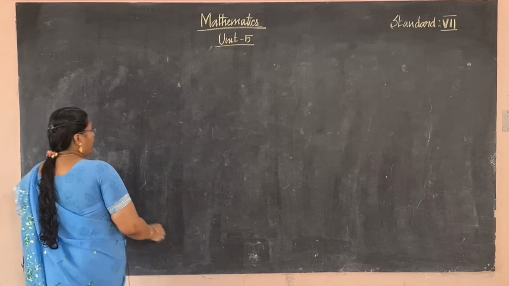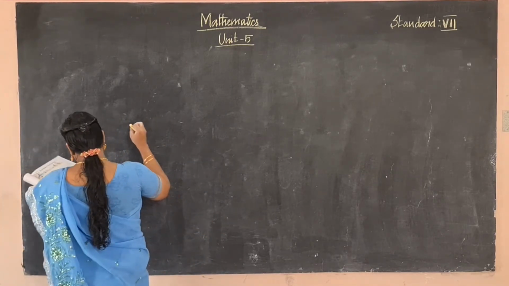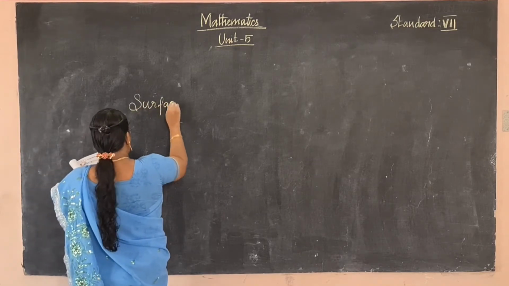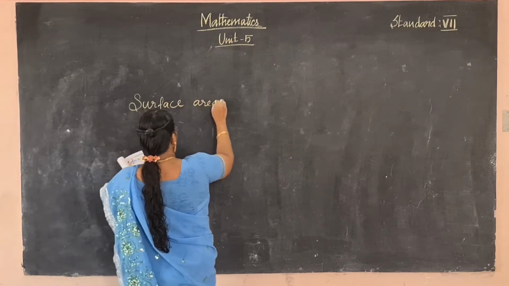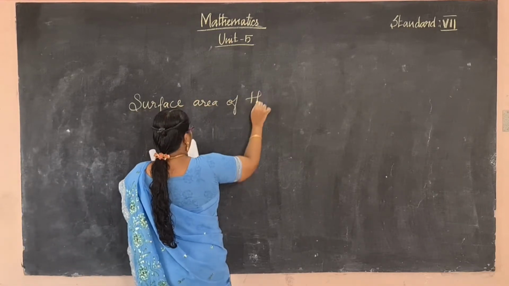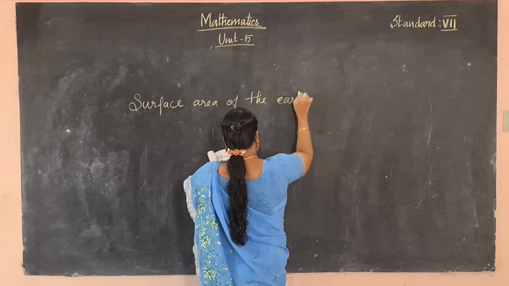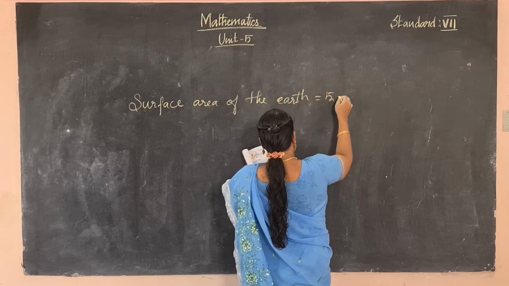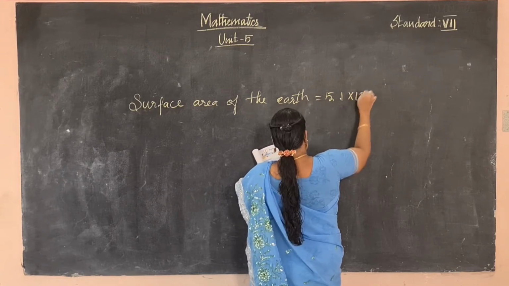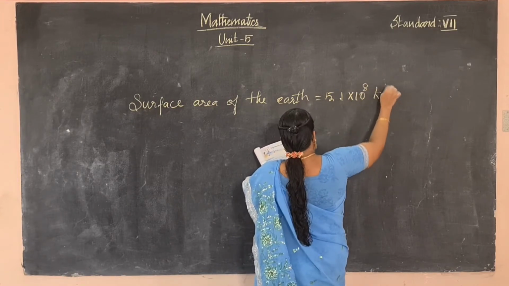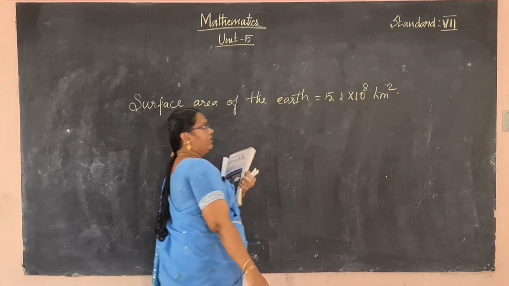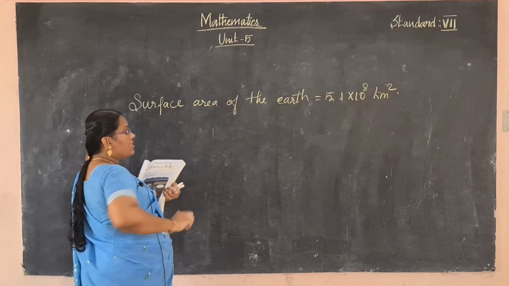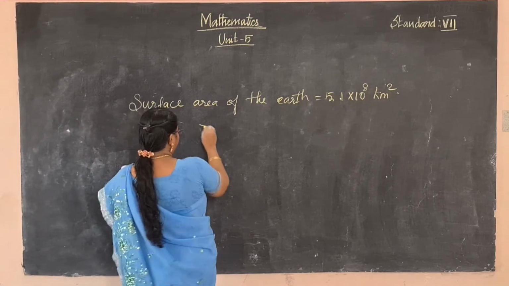Already you have learned in the science subject that the surface area of the earth is equal to 5.1 into 10 power 8 kilometer square. Already you have learned. So it can be written in a general form.